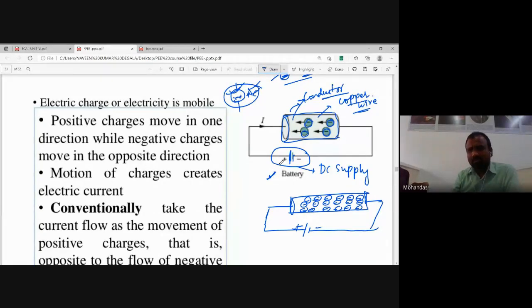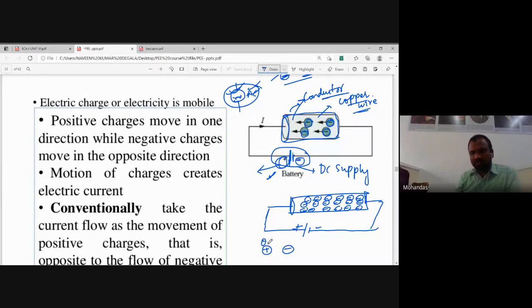Now, what will happen if you apply a battery here? This is a positive charge. Plenty of positive charge is present at this terminal. This is the second terminal, where negative charge is present. According to Coulomb's law, what is the force between one positive charge and one negative charge?